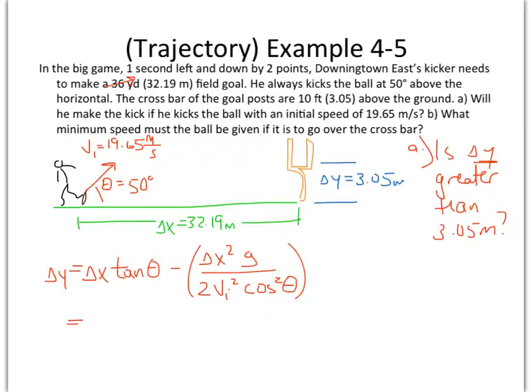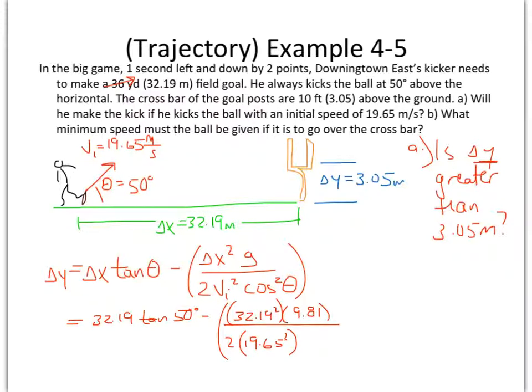So our x displacement is 32.19 times the tangent of 50 degrees, minus the quantity 32.19 squared times 9.81, and I'll put brackets there too, divided by 2 times the initial velocity, which is 19.65 squared, times the cosine of 50 squared. So we're squaring the whole cosine of that.